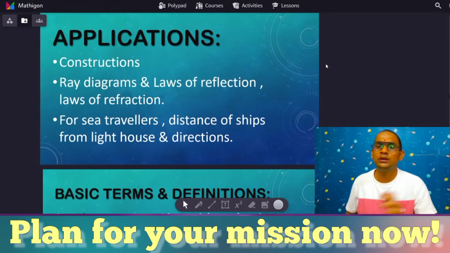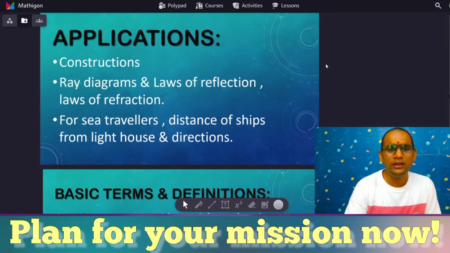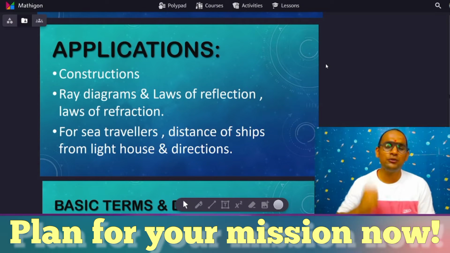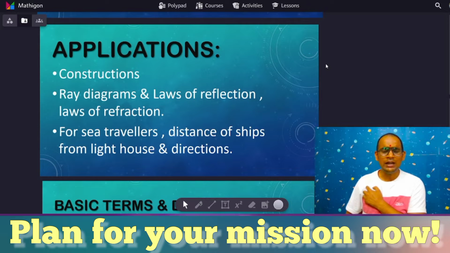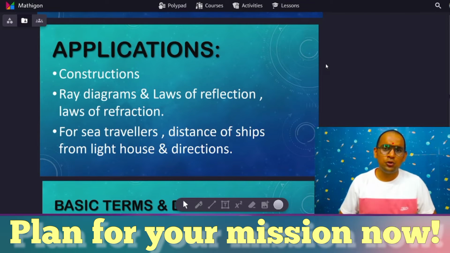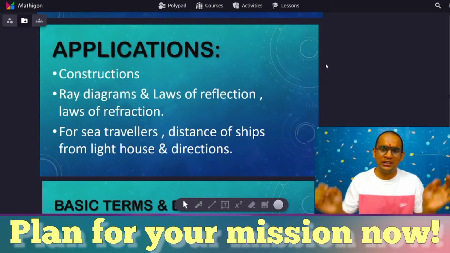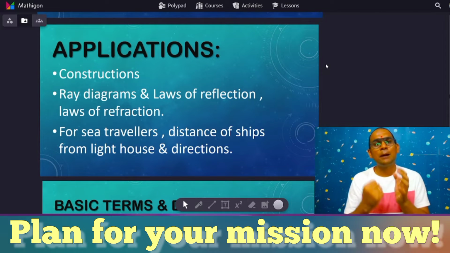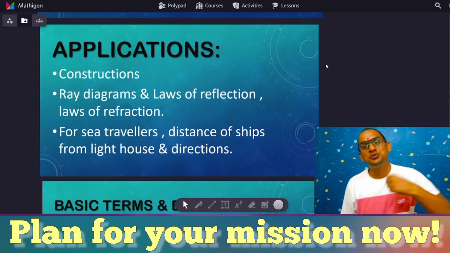Now, why do we need to study this chapter? Why do we need to study the lines and angles chapter? Let's beautifully understand this. As I have already told you, whatever we are studying right now, you might not see all of its applications right in front of you, but yes, these are creating a base for you to use in the future.